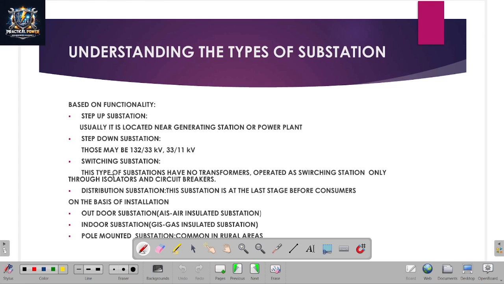We may also categorize substations on the basis of installation. It may be an outdoor air insulated substation, AIS, an indoor substation, GIS, gas insulated substation, or a pole mounted substation, which is used in local areas at the consumer end.